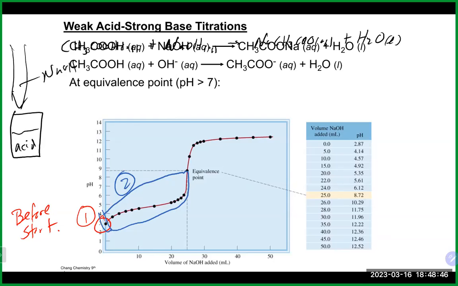The purpose of the ice table is pretty much to get the concentration of your buffer. And then you have options. You could go into the Henderson-Hasselbalch equation, or you could go into the ice table again, a second one. But you will end up with an acidic buffer pretty much all the way through there. That's also why it will maintain the pH for a little bit as you're cruising through that section. You still have a fairly good buffer.